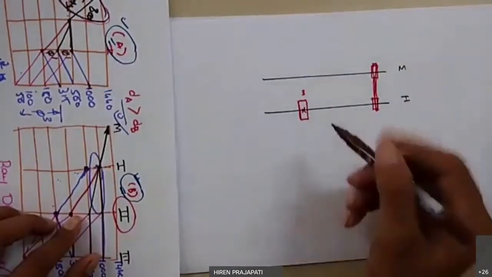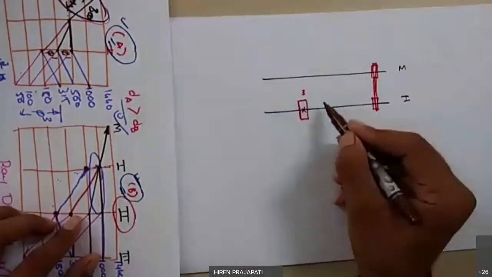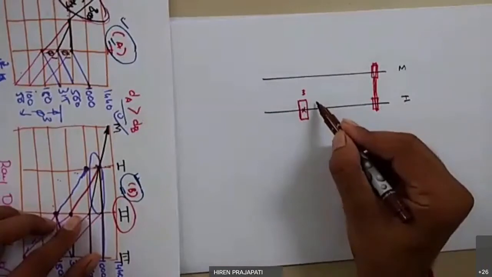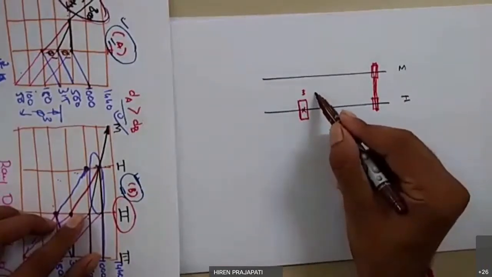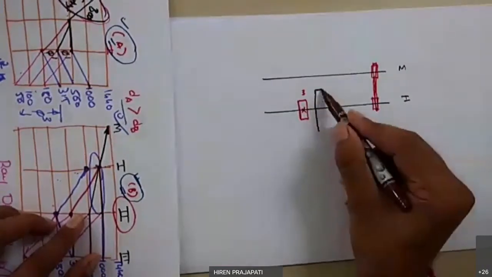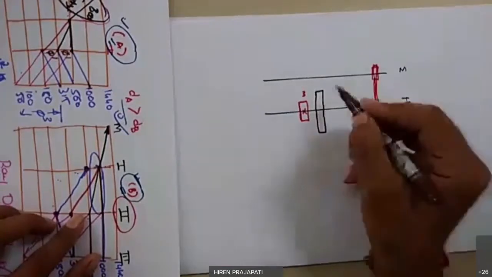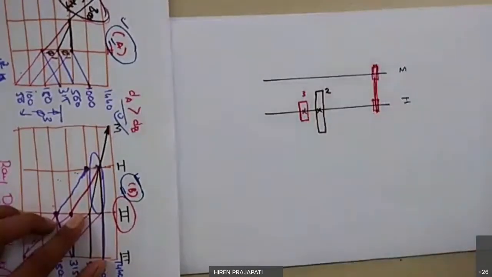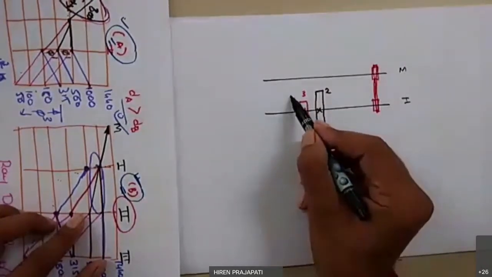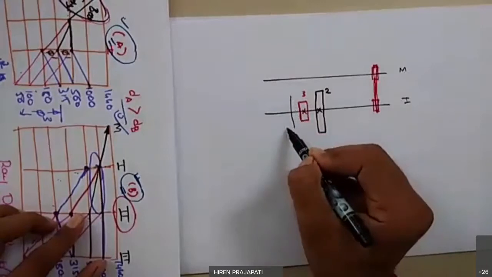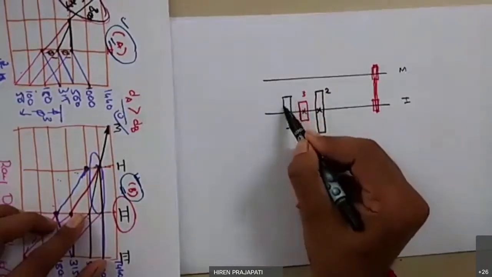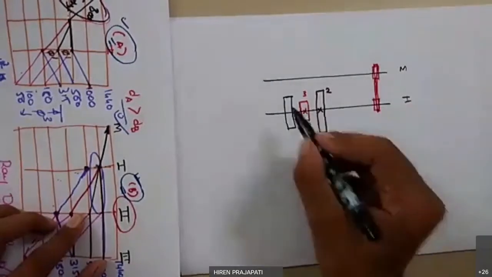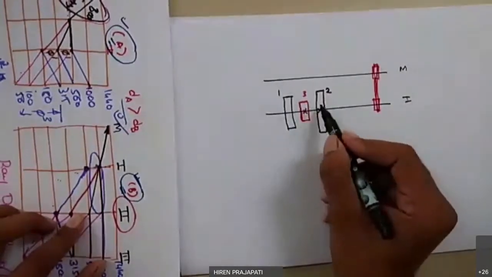Then we have this brown one with more diameter. The reason behind the selection of large block size we will see. And this black one has a diameter in between 3 and 2.